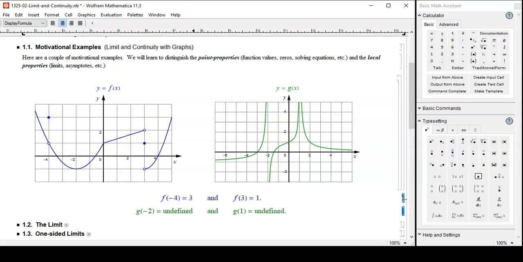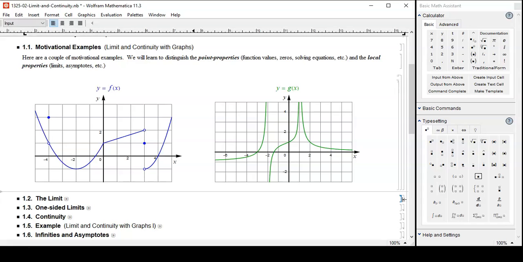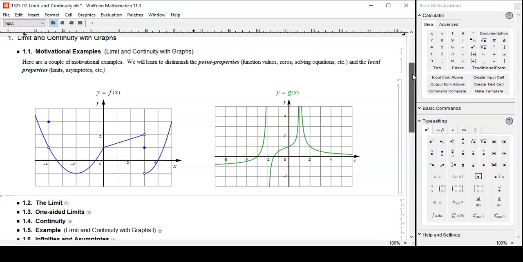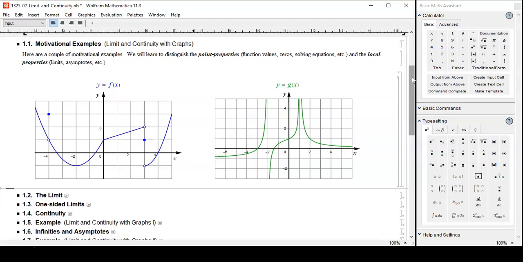So calculus is a big quantum leap from point property to local property. So we have a huge conceptual leap going on here. So not just a single number, not just equality, but we have to consider other points around it.